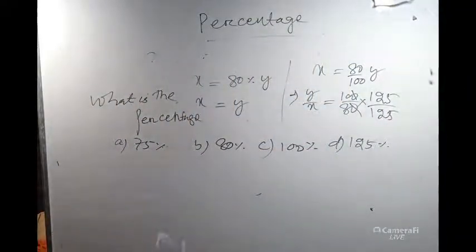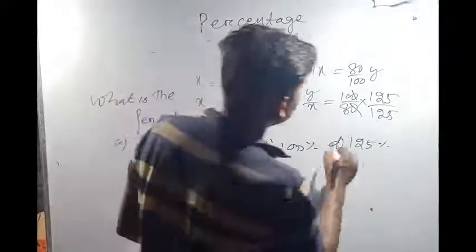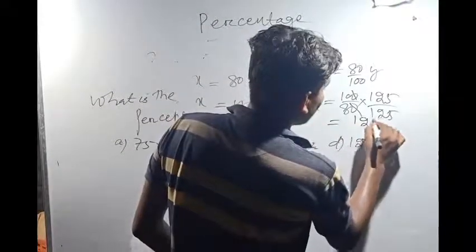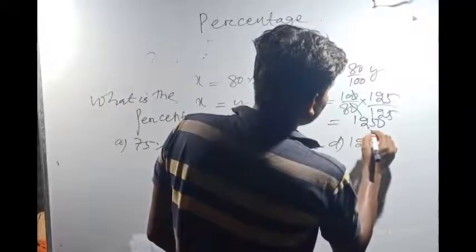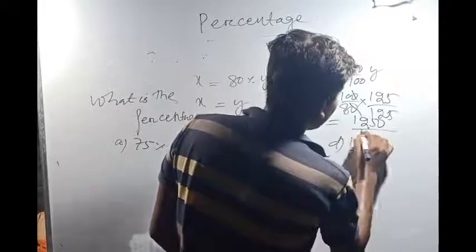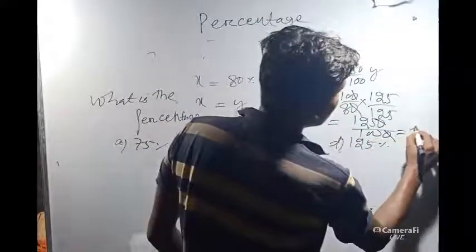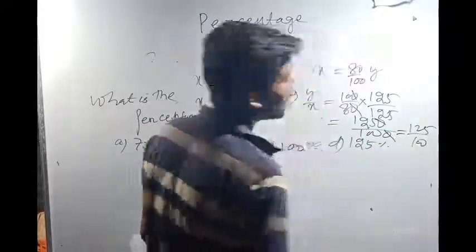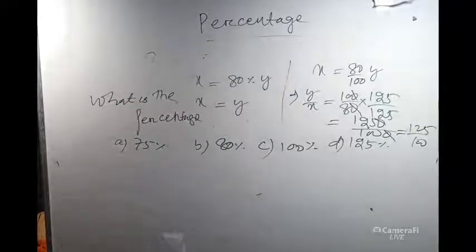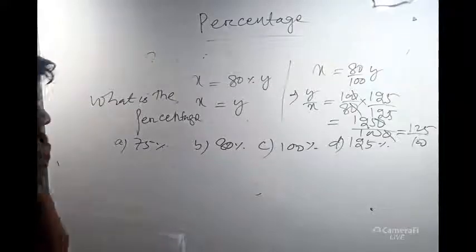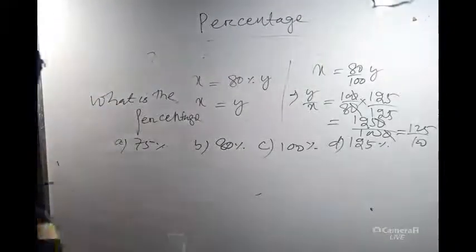Then it becomes 1250 by 1000, and 10 can cancel, that is 125 by 100, that means 125%. Okay, now next question.